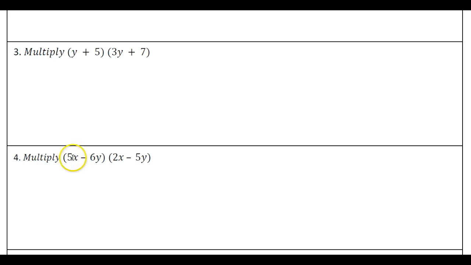So let's use the FOIL for this one here. First will be 10x squared. My outers, a negative 25xy.